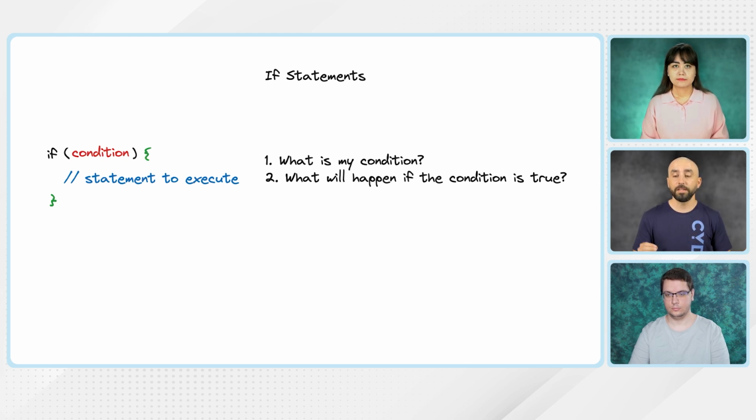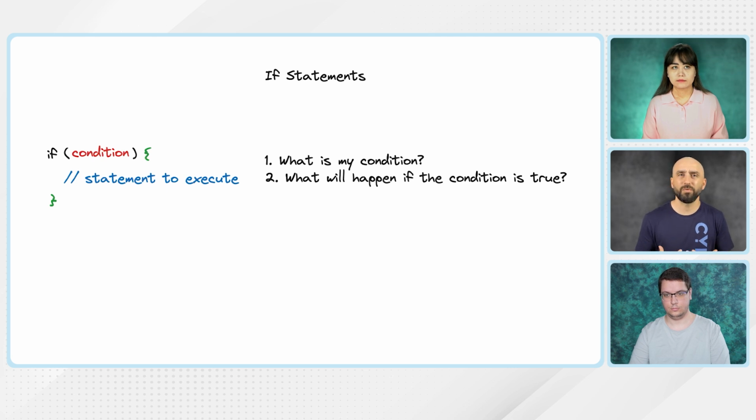In Java, this is our if statement syntax: if, then open and close parentheses, and inside the parentheses the condition, then open your curly braces, and inside your curly braces the statement to execute. This is basically our syntax for only the if statement.